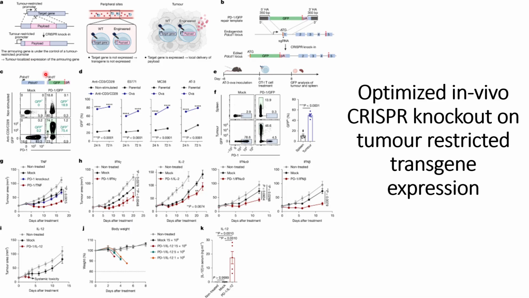In order to check their hypothesis whether this system will work, the payload or target gene that they used first is GFP. They compared the wild type target gene that does not have the tumor restricted promoter with the engineered target gene that has the payload just downstream of the tumor restricted promoter. When the wild type and engineered target genes face the tumors, the payload with the engineered gene will express more.